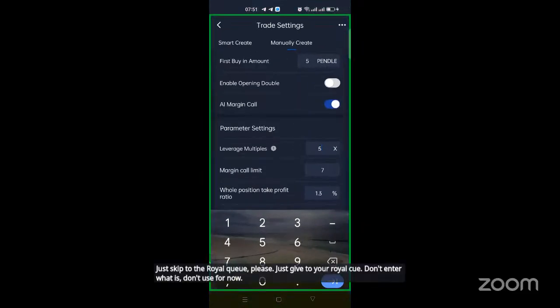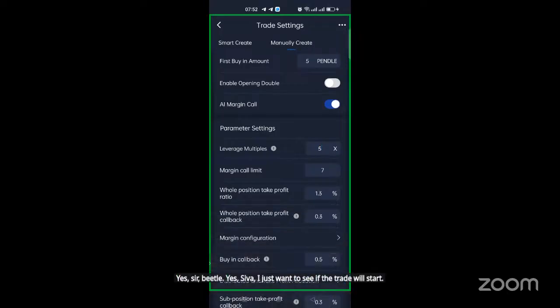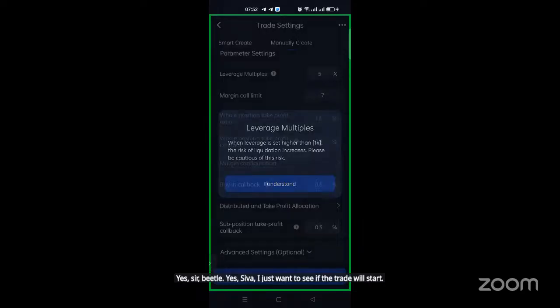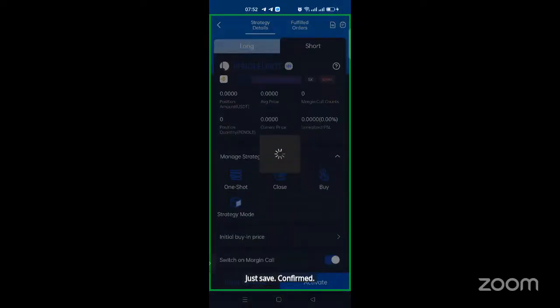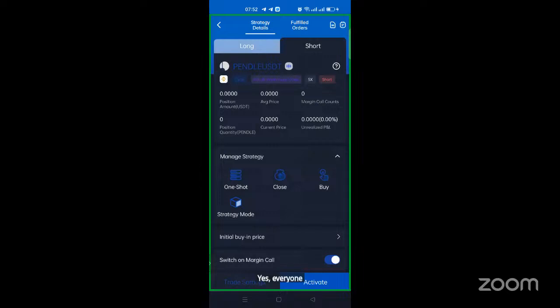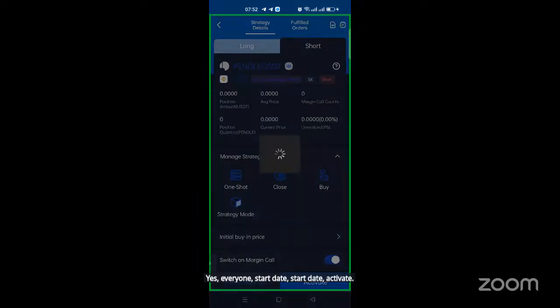Just save below. I just want to see if the trade will start. Just save. Confirm. Just save and start the trade. Activate. Tick.